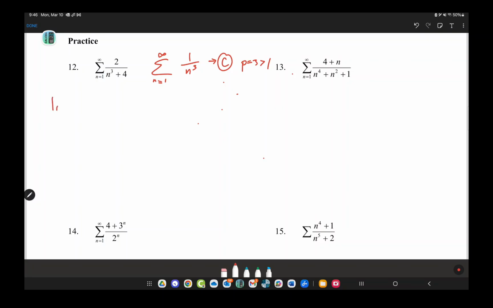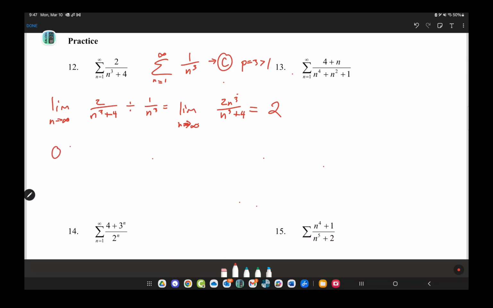So we're going to take the limit as n goes to infinity of the first value, 2 over n cubed plus 4, divided by 1 over n cubed, which gives me the limit as n goes to infinity of 2n cubed over n cubed plus 4. Now, what's going to happen as this goes to infinity? It's going to approach 2, which means it's a constant.